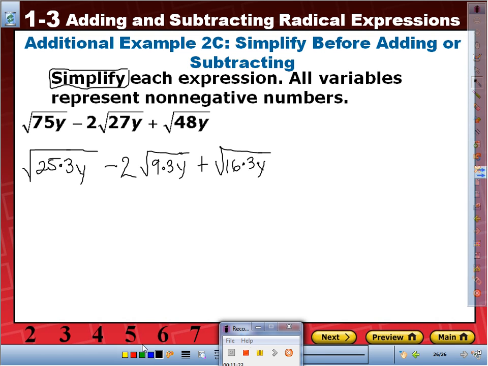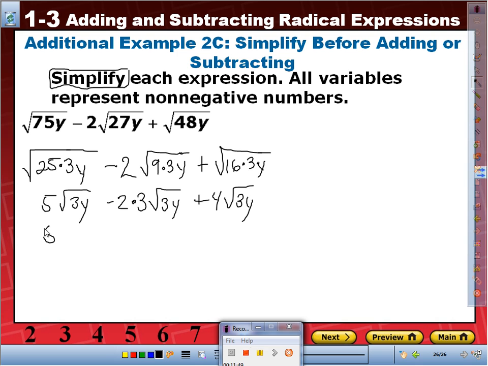So, let's simplify that. Guys, focus please. What is square root of 25? 5, and we're left with square root 3y, minus 2 times, what is square root of 9? 3 square root 3y, plus 4 square root 3y.